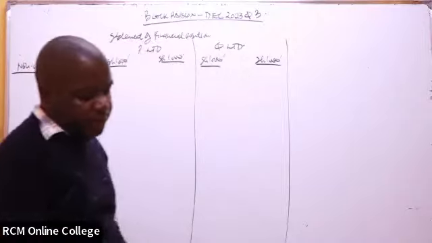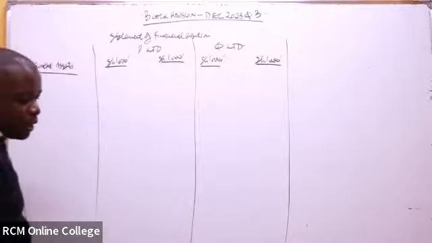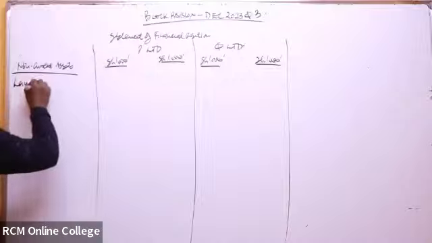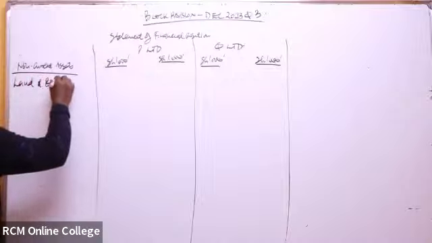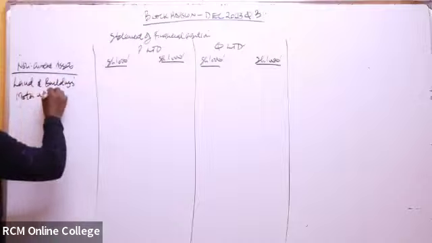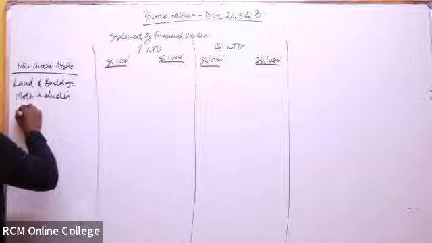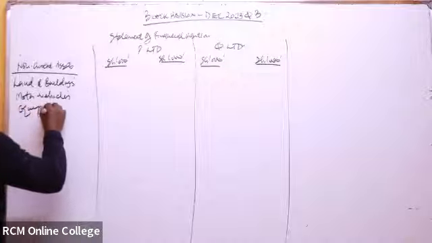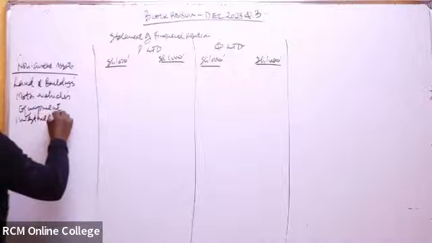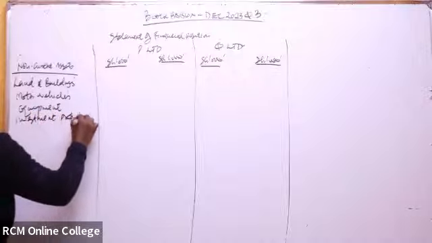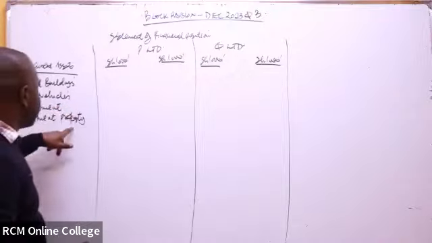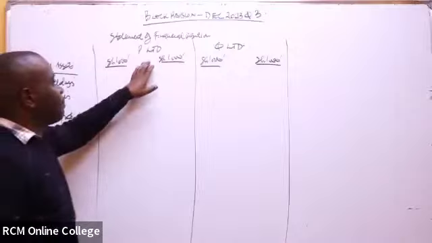For example, P Limited took over land and buildings, motor vehicles, equipment, and investment property. You are told they took over land, motor vehicles, equipment, and all the non-current assets went to P.